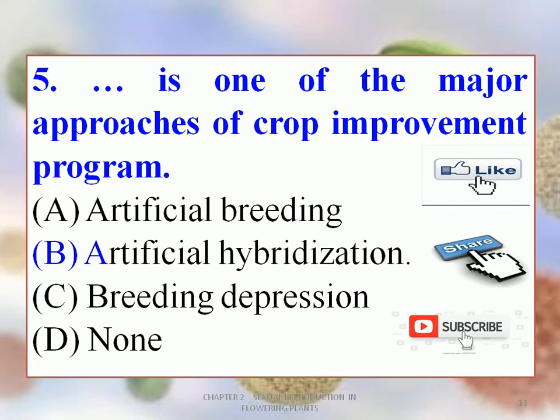The correct option is B. Artificial hybridization. Friends, artificial hybridization is the approach which is used for the crop improvement program.